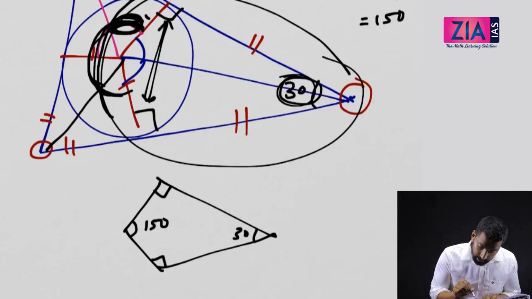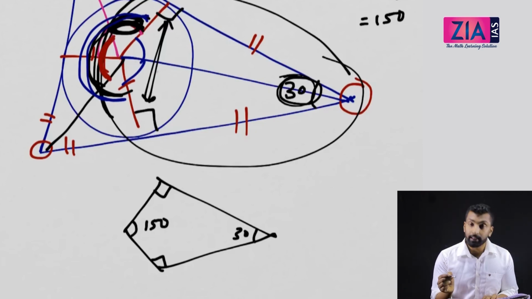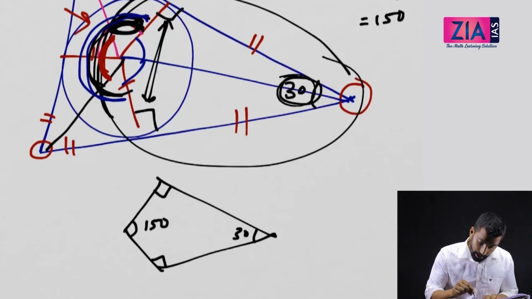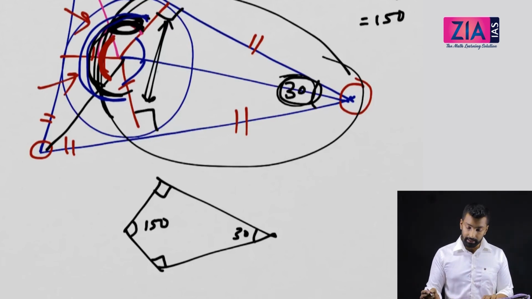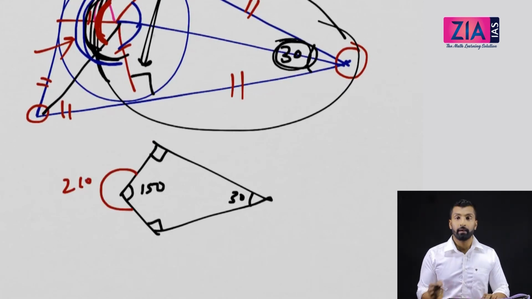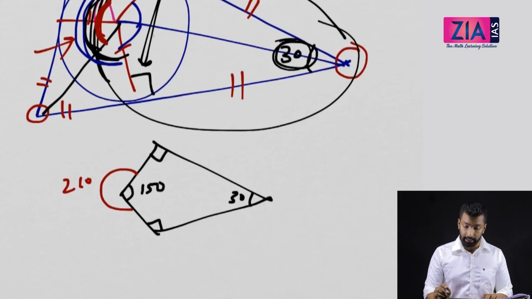Then what is asked is, I can ask you anything from here, right? So this total is 150. If I ask you this angle, these two angles together, so basically one from here and one from here, what is your answer? Then what is this angle? This angle will be 210 because this entire should be 360.